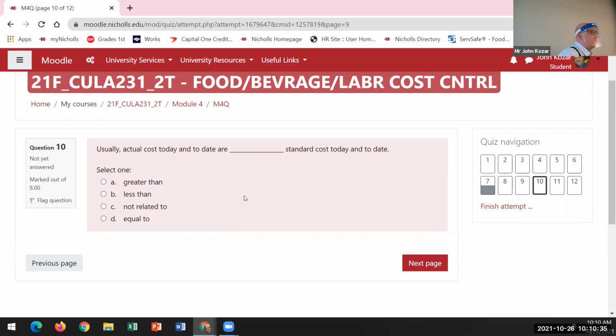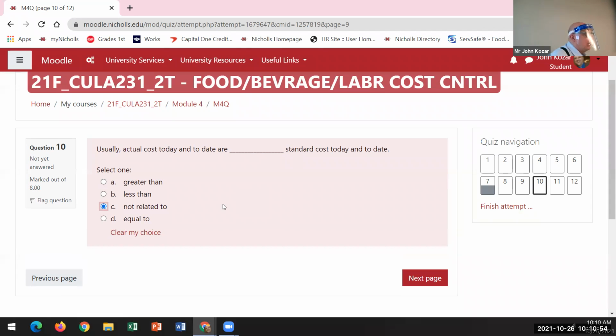That's what we just went through in that Excel exercise when we were calculating the cost today compared to date. Pardon me? It would be, they're not related.